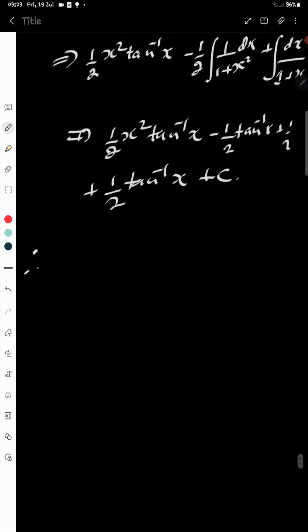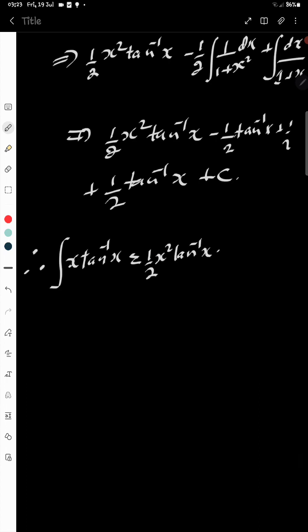Therefore, the integral of x tan inverse of x equals half x squared tan inverse of x minus half x plus half tan inverse of x plus a constant.